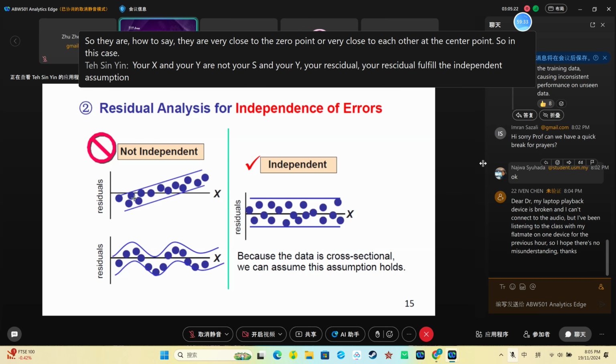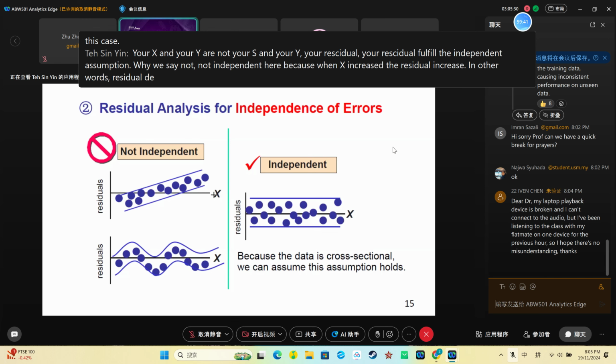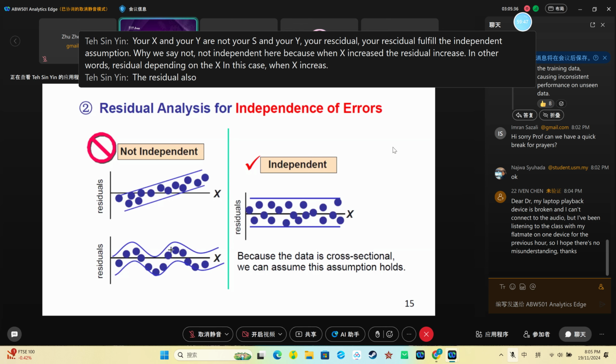Why do we say not independent here? Because when x increases, the residual increases. In other words, the residual depends on the x. In this case, when x increases, the residual also increases in a cyclical trend. So the residual depends on the x. So in these two cases, the residual is not independent.